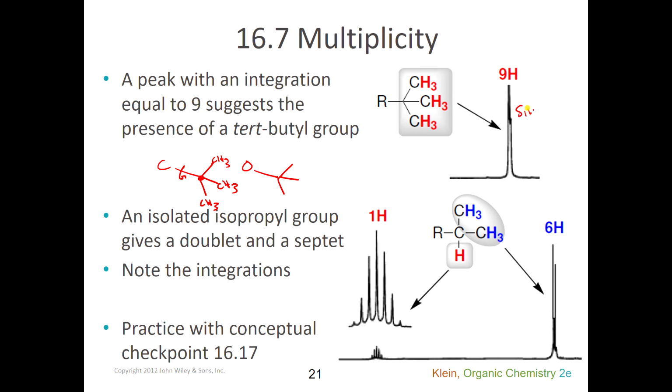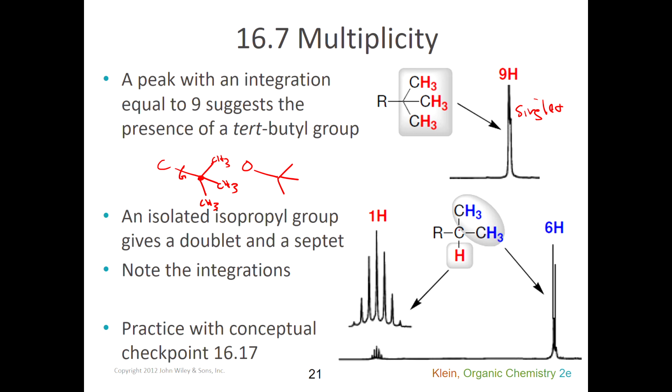And that's why I just see a singlet. And it should integrate to 9 relative to other peaks because there are 9 total hydrogens all giving the same singlet. So if you see a big singlet that integrates to 9, that's usually indicating a tert-butyl group.